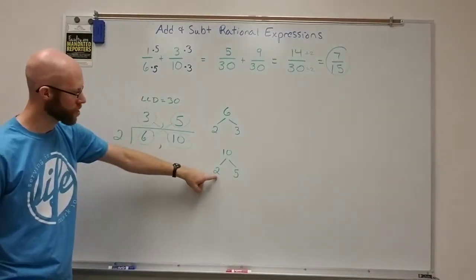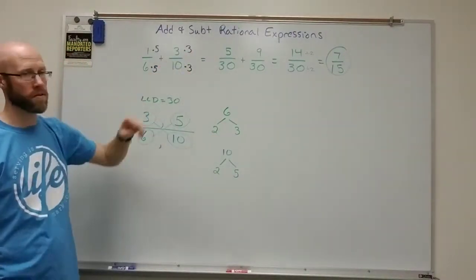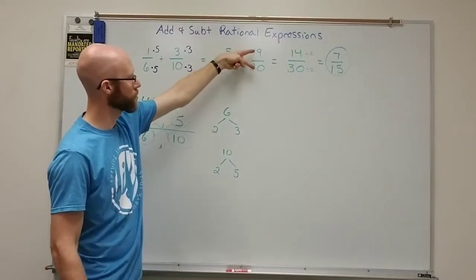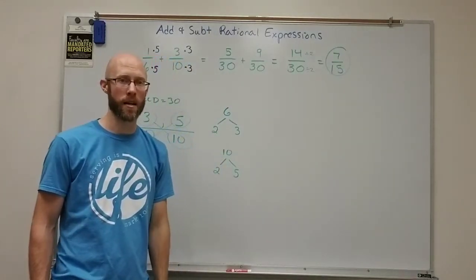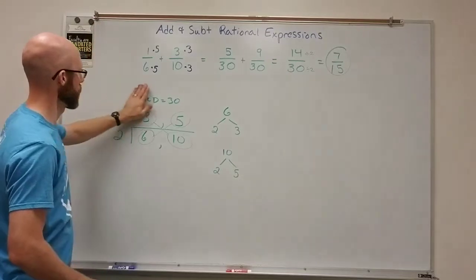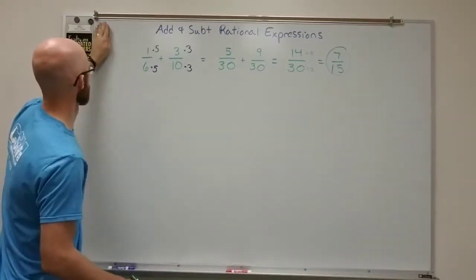The 10 has the 2 and the 5, it's missing the 3. So you multiply by the missing factor, build up your fractions, add together, and simplify at the end. All right, so let's try this with rational expressions.